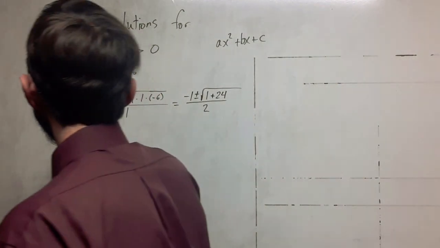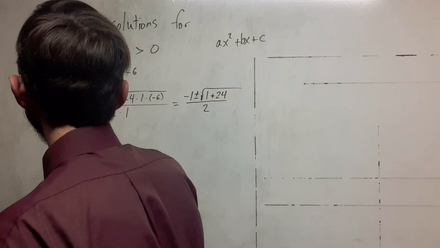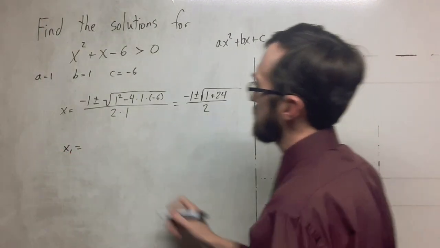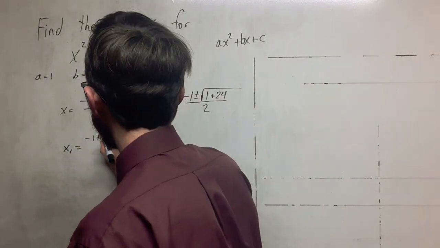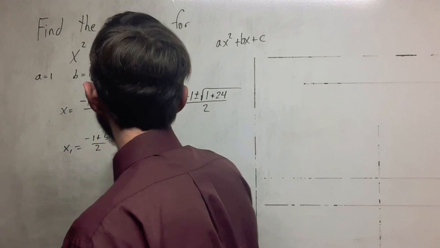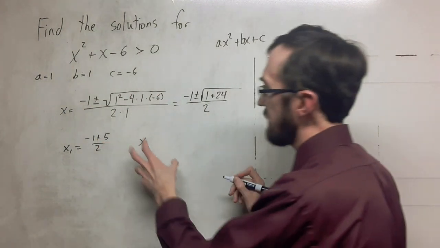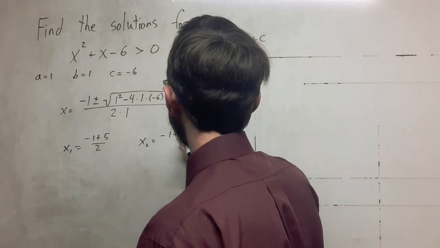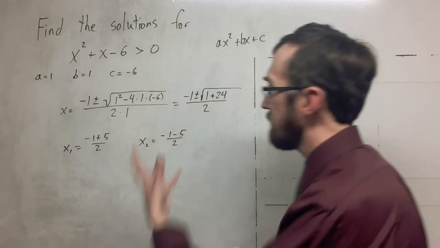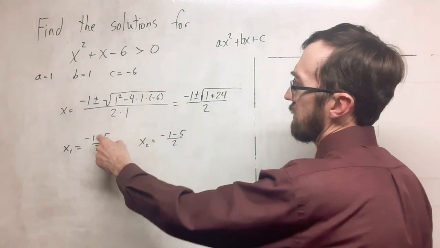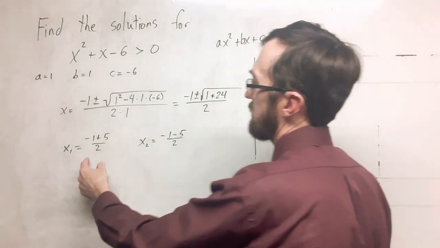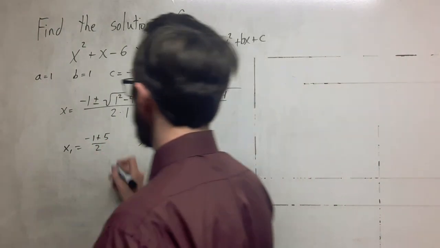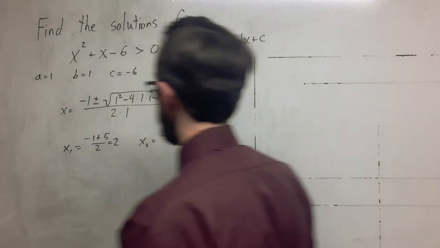So we're going to end up with two cases. Our first x sub 1 is going to be -1 plus 5 divided by 2. And then our second x sub 2 will be -1 minus 5 divided by 2. And then we're just going to simplify those. 5 minus 1 is 4, so 4 divided by 2 is going to give me 2.